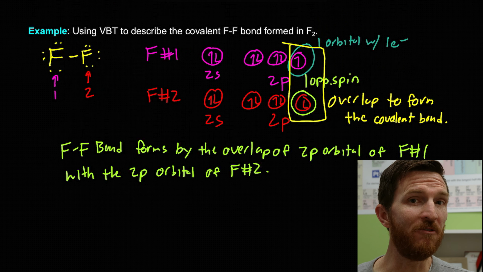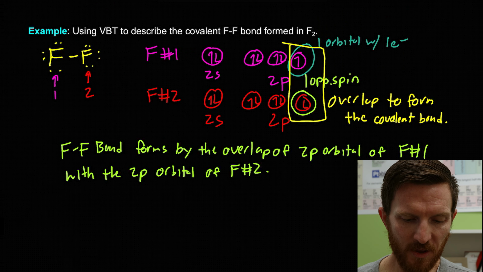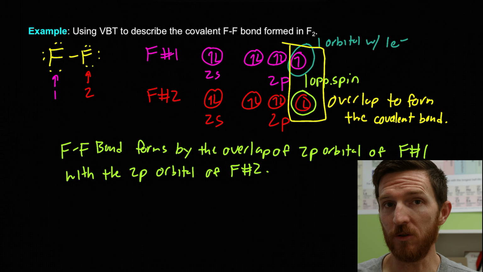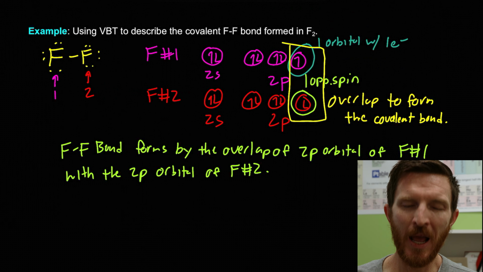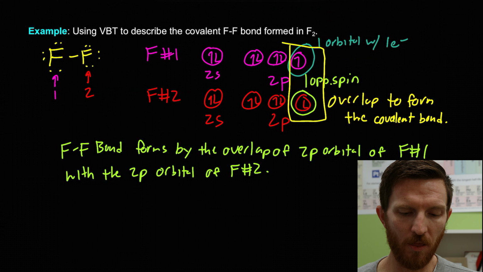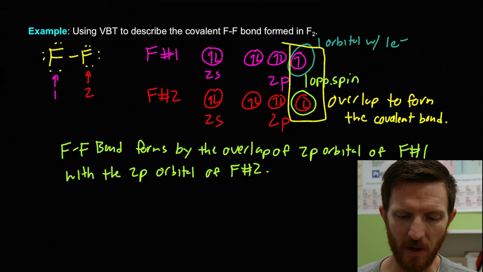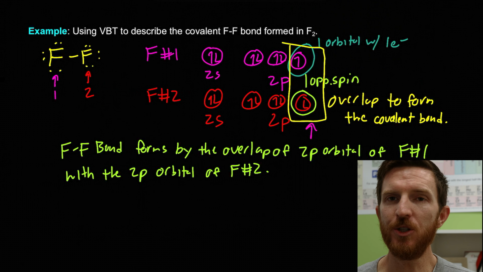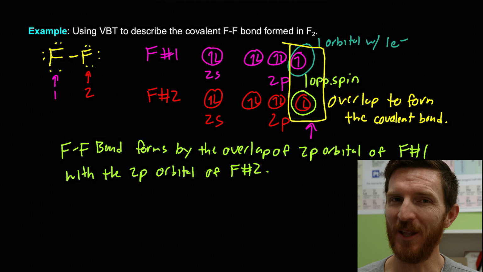We can also visualize what this might look like if we think back to what our orbitals look like and the shapes that they form. I'm not going to draw every single valence orbital. All I'm going to do is draw the ones that overlap to form my bond, so I'm going to draw the 2p orbitals that overlap for fluorine.